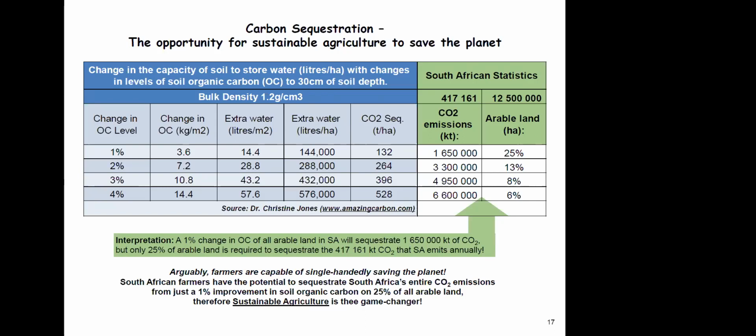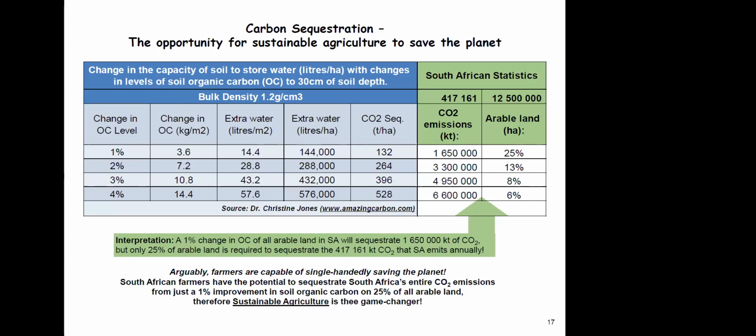South Africa has got 12.5 million hectares of arable land. Now, if we do increase the organic carbon or humus in the soils, just at 1%, we can sequestrate 1.6 million tons per hectare, which is 4 times the 417 that is actually emitted.